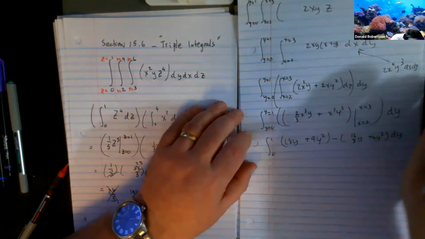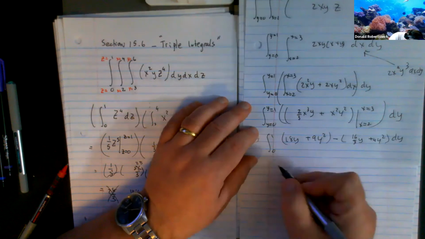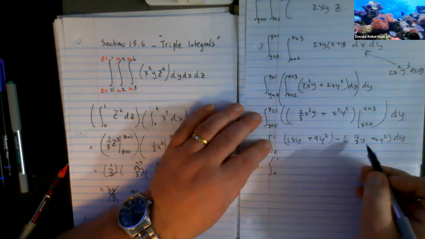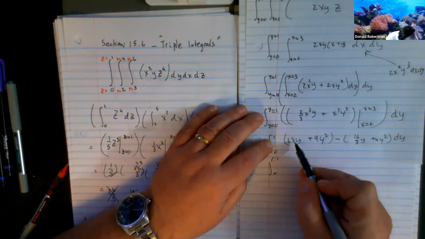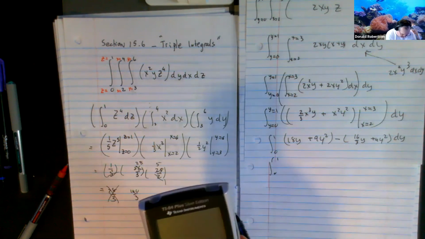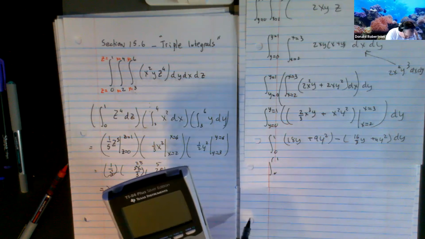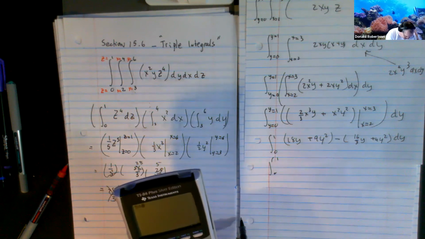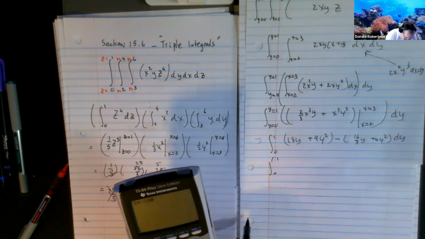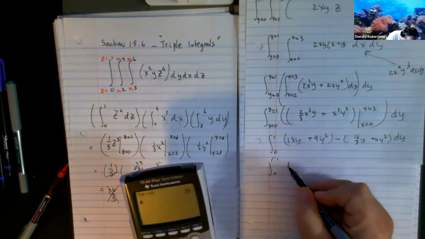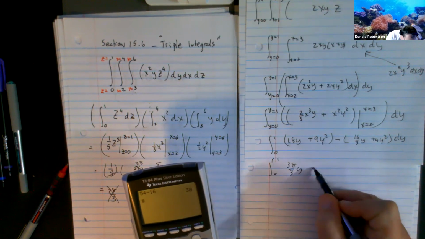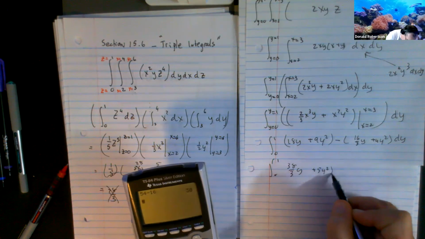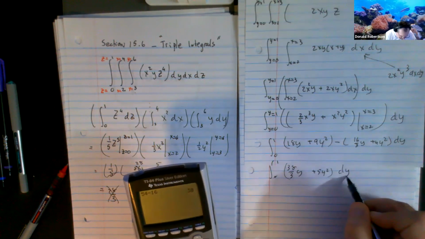If we just keep going for a little bit, 18y, take away that, well, that's 3, that's 54. I'll try and use a calculator this time. I have 54/3, take away 16/3, leaves me with 38/3 y, and 9 take away 4 gets me plus 5y squared dy.